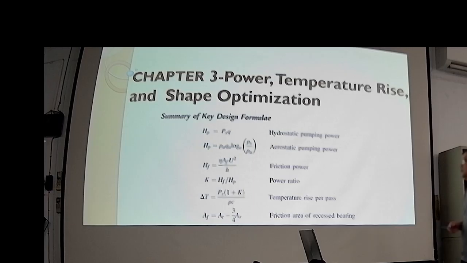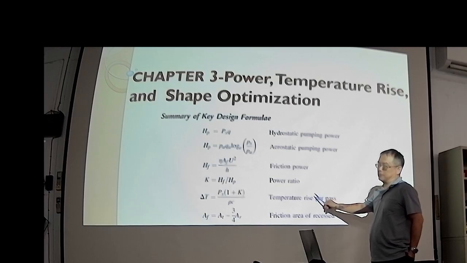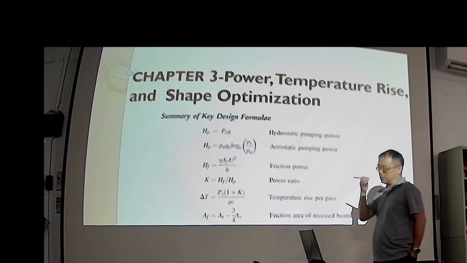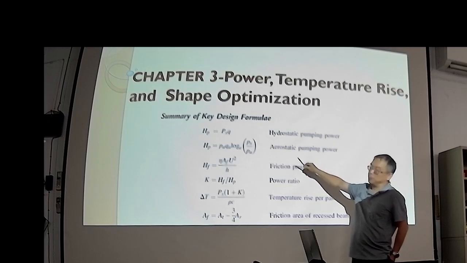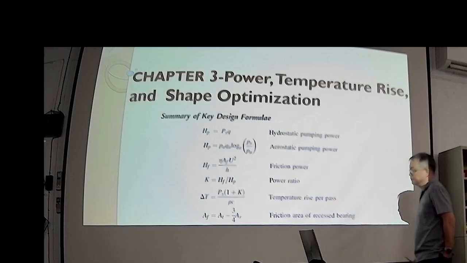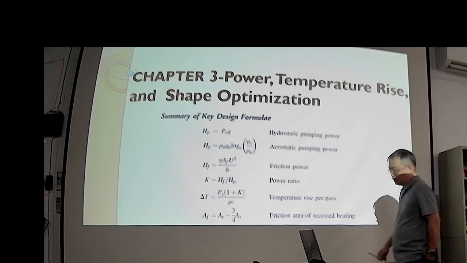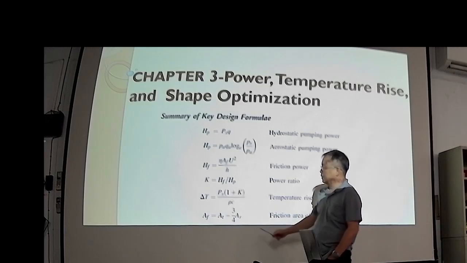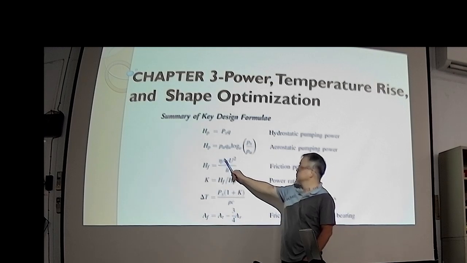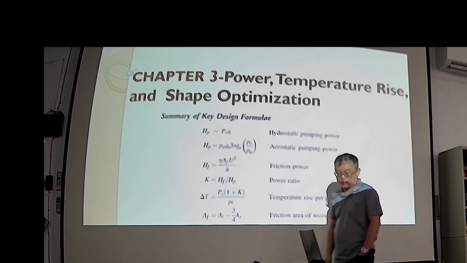Okay. So in that case, we can estimate, calculate the temperature rise for the oil loop due to the power generation. And here we have also one formula to calculate the friction area of the bearing using for the calculation of the friction power.